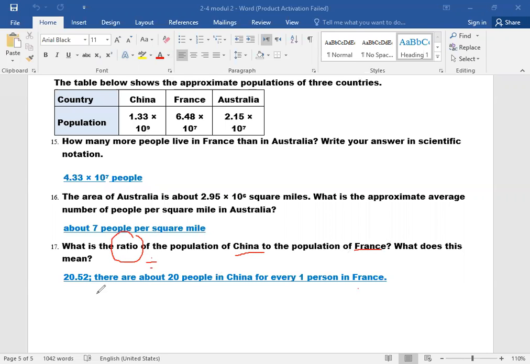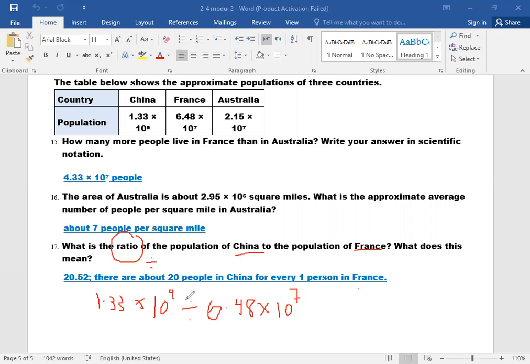From China, which is 1.33 times 10 to the power of 9, divided by, where is France? 6.48 times 10 to the power of 7.